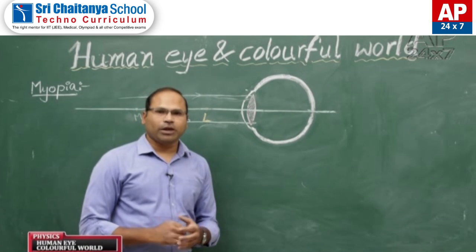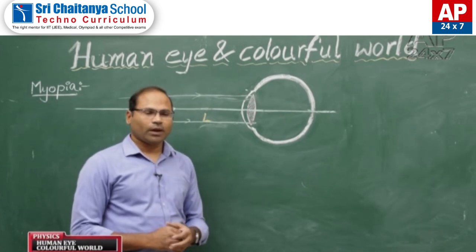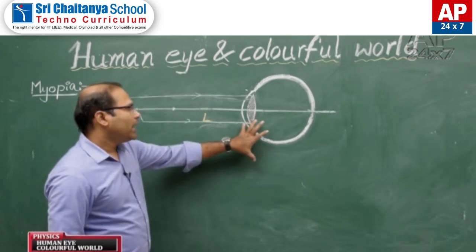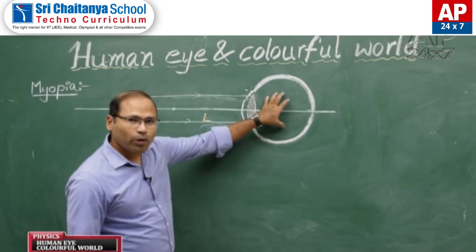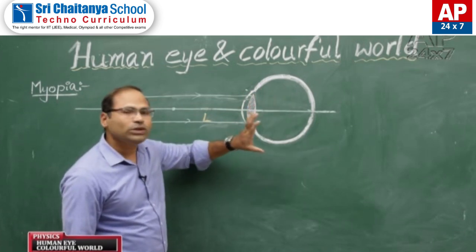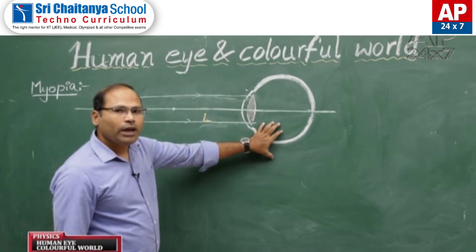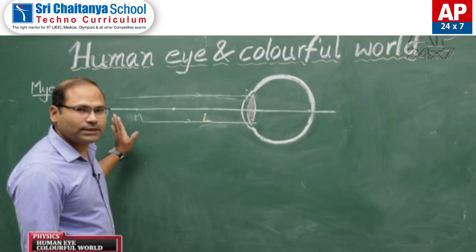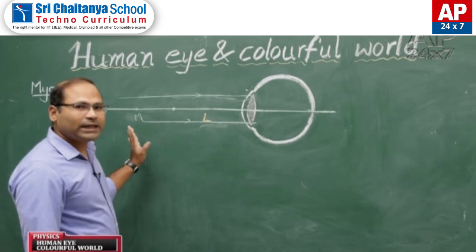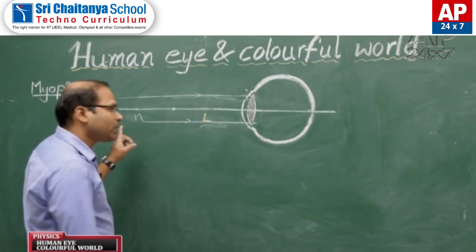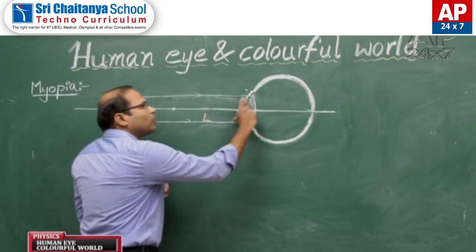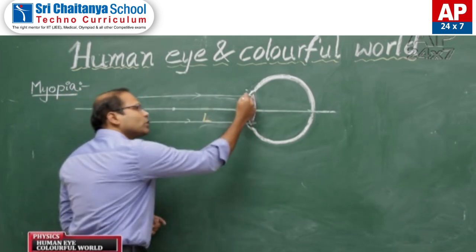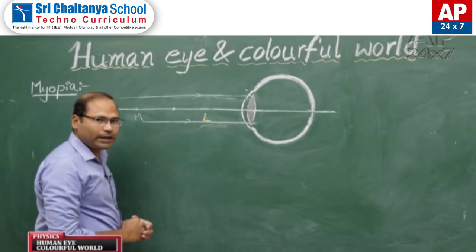How can this defect be corrected? Let us suppose a person who is suffering from myopia is trying to see an object which is at a longer distance. So, what happens in that case? The light rays from that object will pass parallel to the principal axis and fall on the eye lens, right?